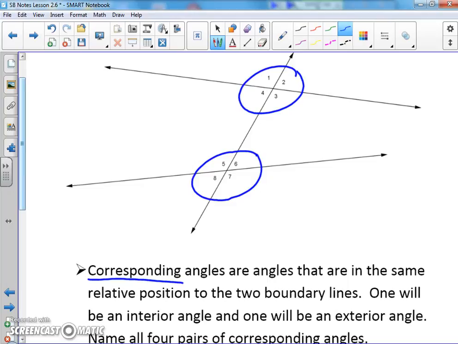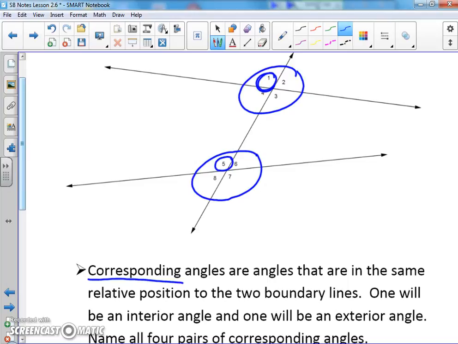So corresponding angles are in the same relative position to the two boundary lines. For angle 1, it is above the boundary line, to the left of the transversal. So if I go to the other cluster of angles, I need to go above my boundary line to the left of the transversal, and I'm going to get to angle 5.